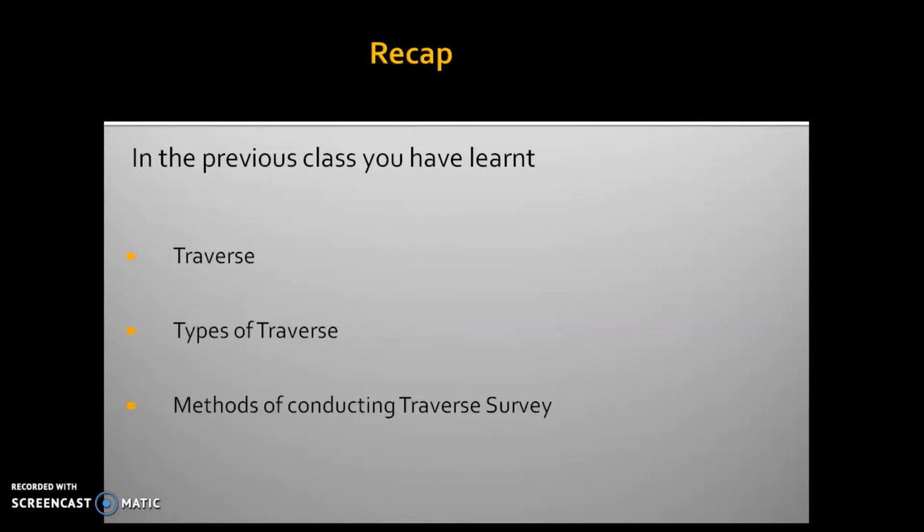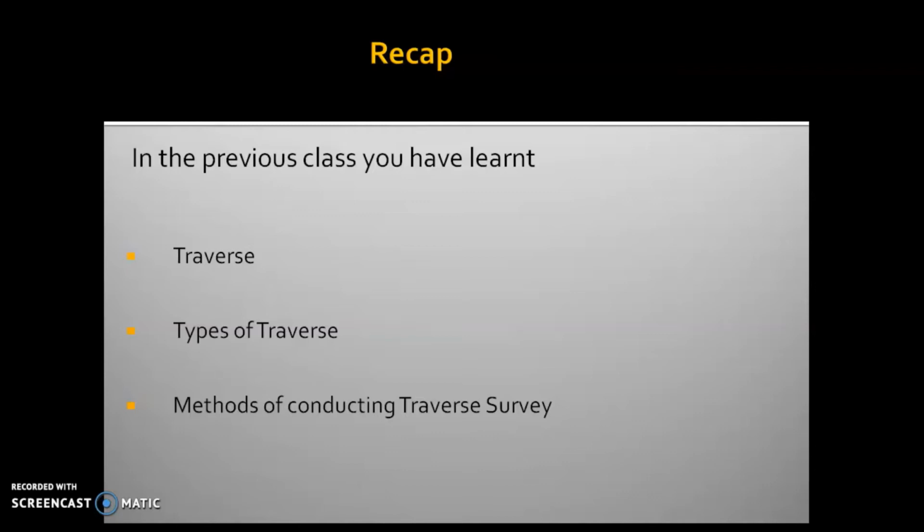Now, how is this previous class linked to our present class? While running a traverse itself, we may make some mistakes.